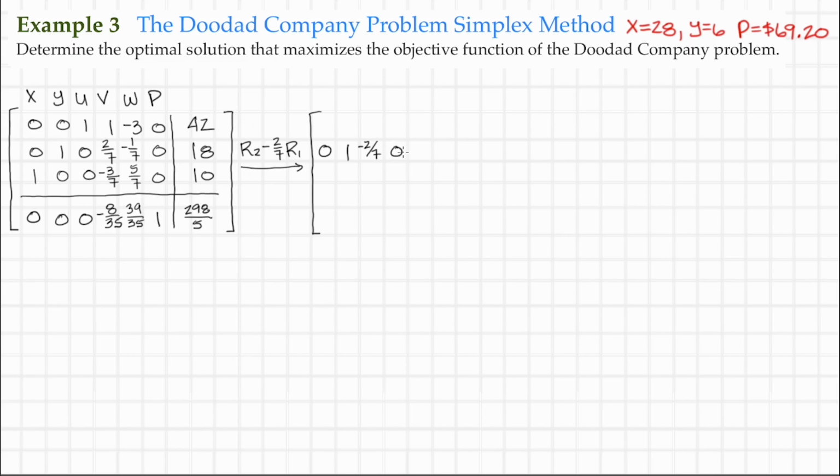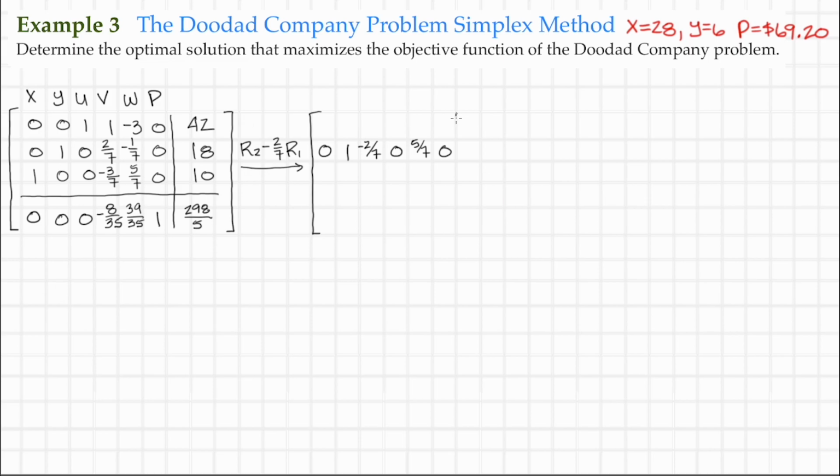And again, that's the whole idea. Negative 3 times 2/7, that's negative 6/7. Negative 1/7 minus negative 6/7, or in other words, negative 1/7 plus 6/7, that's 5/7. 0 times here is 0. Put in our 0.